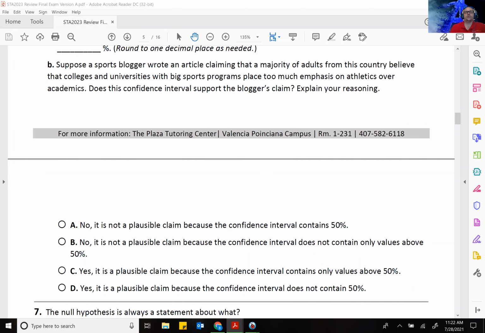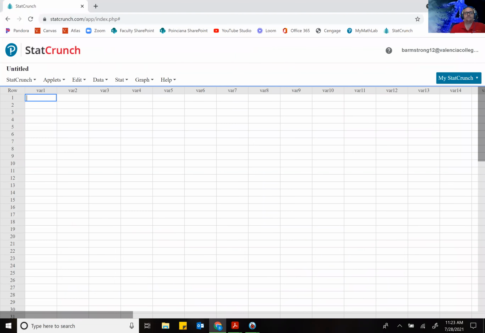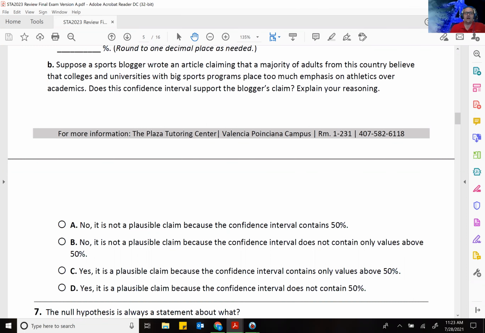It is true that the confidence interval does not contain 50%. That is true. But again, he's saying a majority, and a majority means that you've got to have over 50%. That's why C is more correct than D. All of your numbers have to be above 50 to say a majority.